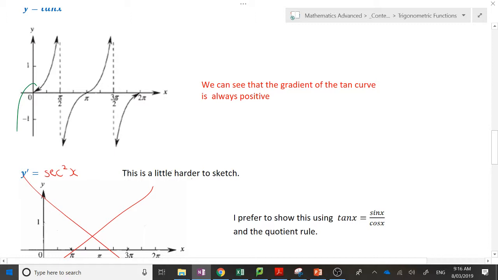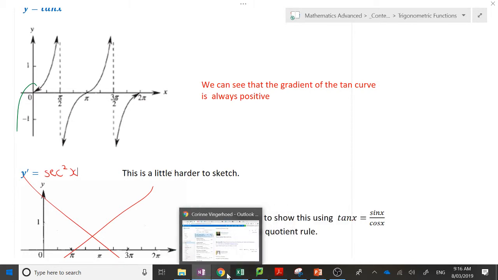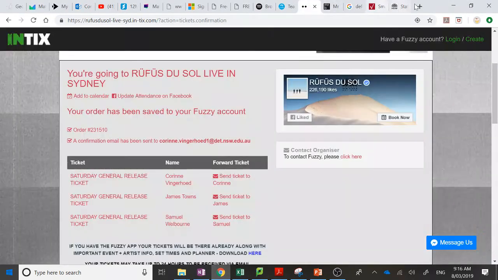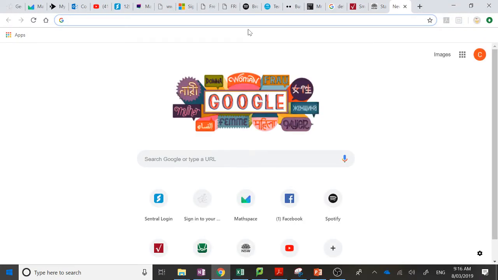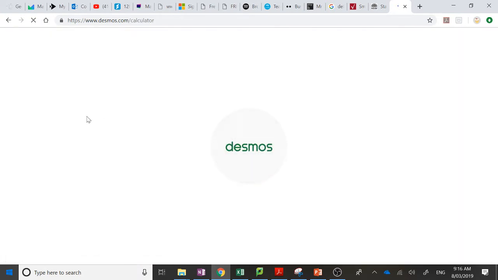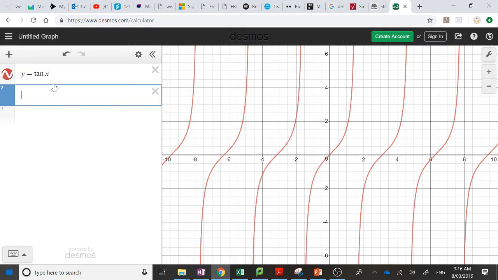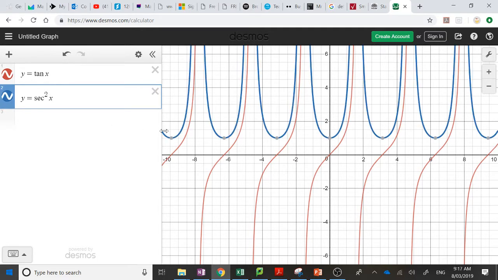It's got asymptotes. They go up to infinity and then suddenly we're super small. I'll put them on the same axes so you can see them: y equals 10x and y equals sec squared x.